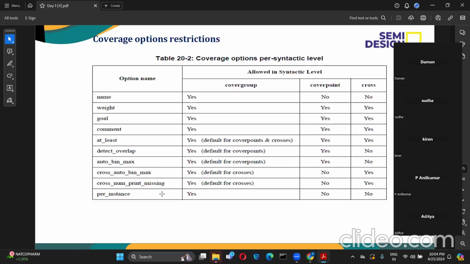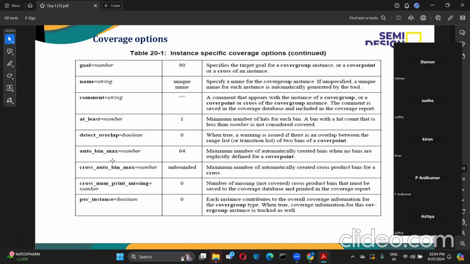So in that default example interview question that we saw, with 2 raised to power 32, we already covered 2 bins in the one cover point, and the second cover point was default. But there is something called auto_bin_max we had used, right? Usually implicit bins are created based on the number of combinations.